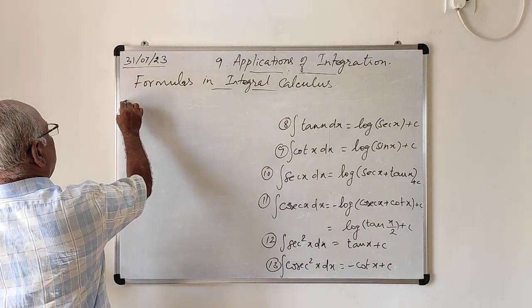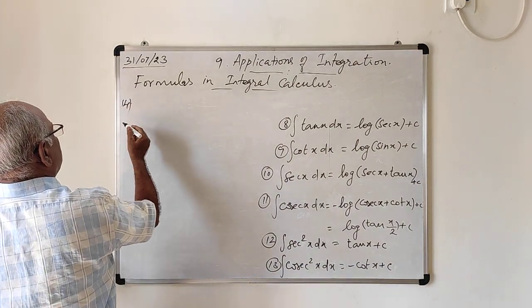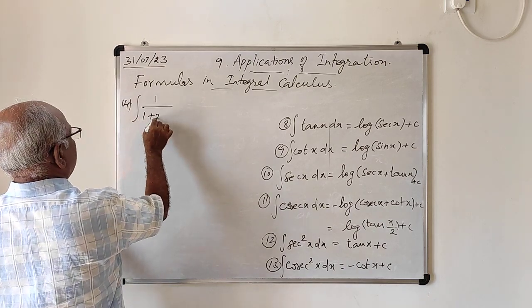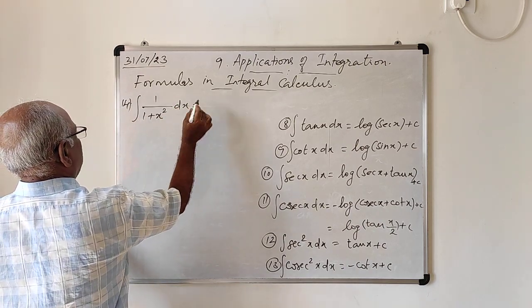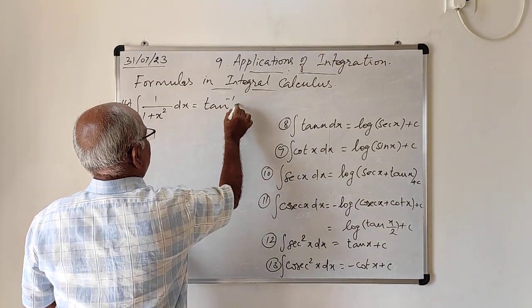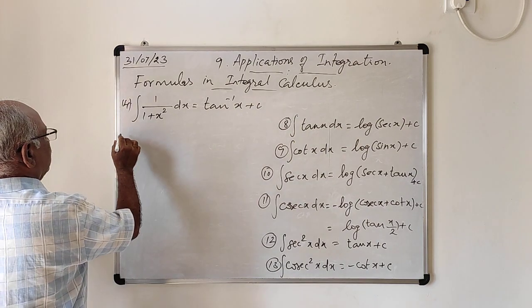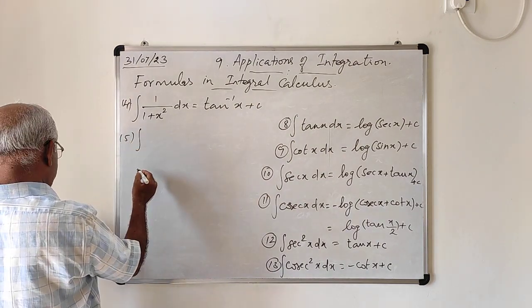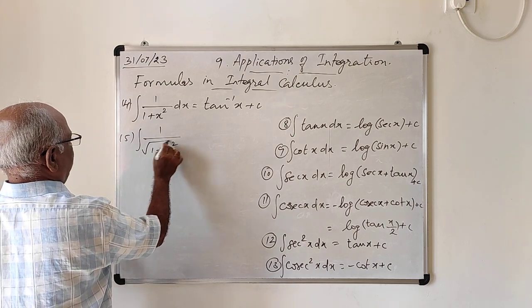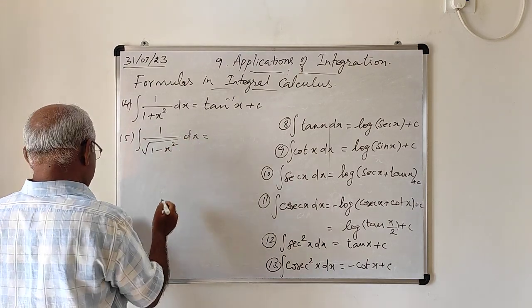Next one, 14th one. Integral 1 by 1 plus x square dx is tan inverse x plus c. 15th one. Integral 1 by root of 1 minus x square dx. This is sin inverse x plus c.